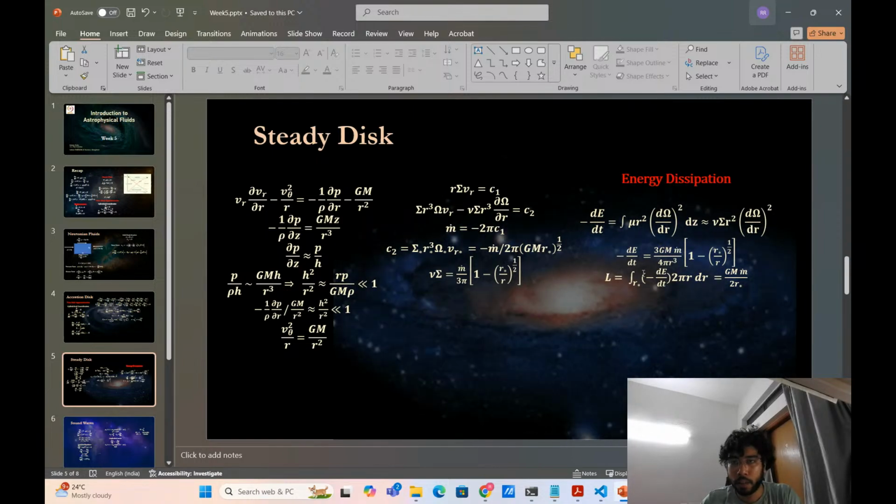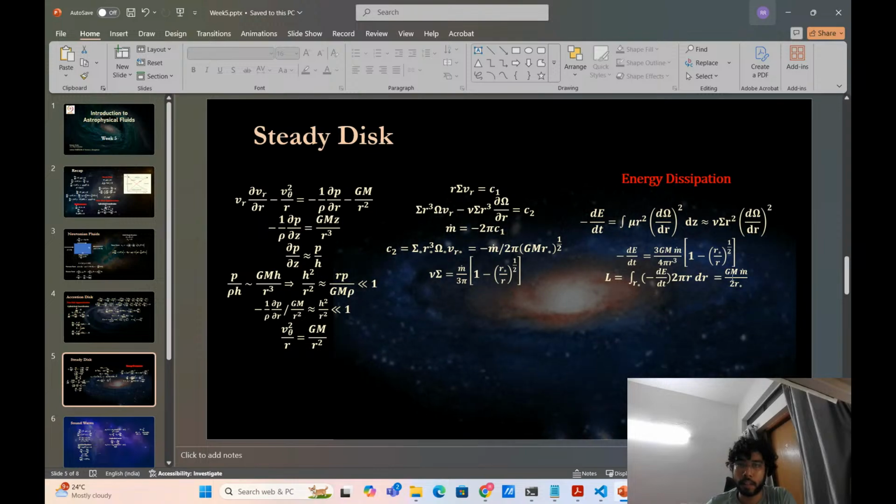And if you calculate the luminosity, luminosity is just the energy flux times the area. Okay, so this is 2 pi r dr. So this is energy dissipated times, over all the radius, right? So 2 pi r dr from r star to infinity. So in that case, if you integrate this, you will get this thing.